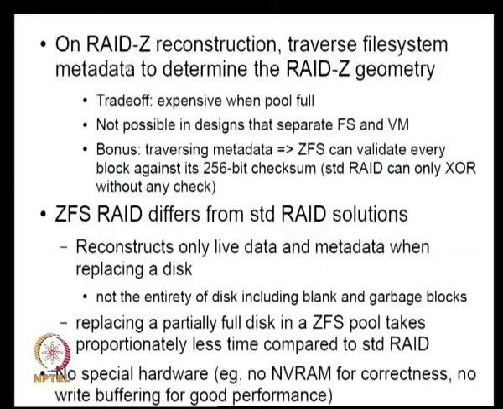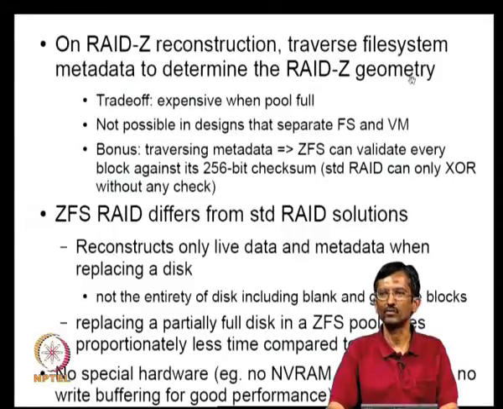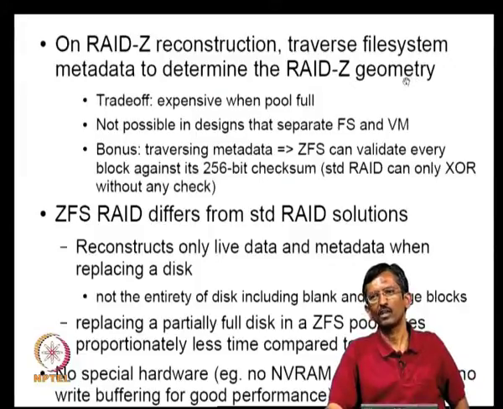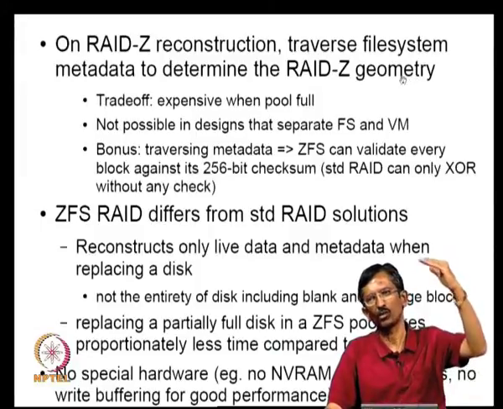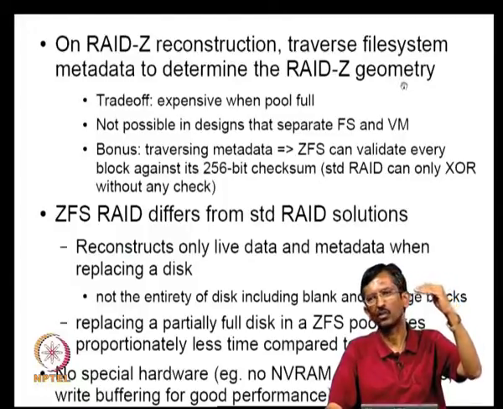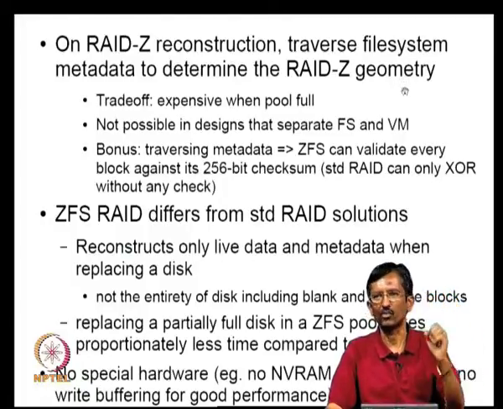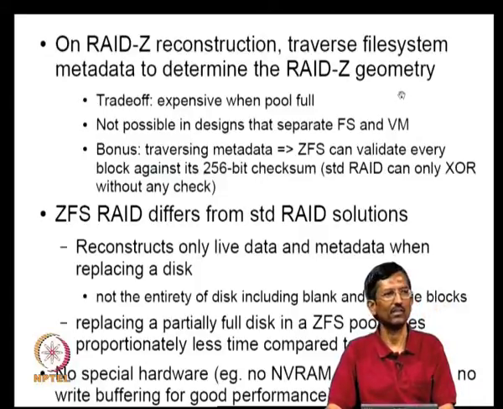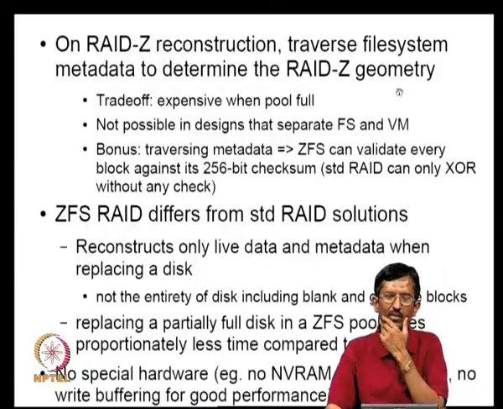As I mentioned already, when you have to do reconstruction, you traverse the file system to determine the RAID geometry. Again, you start like FSCK. Here also you start from the top of the file system hierarchy, and the file system knows what type of RAID geometry it has used for every single block or extent.